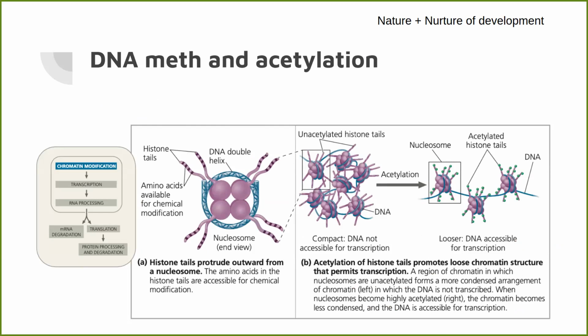With methylation, we add methyl groups, CH3, to parts of the DNA, and then this DNA wraps around the structures known as histones. Then you can also have acetylation that will allow for more transcription of these types of genes.